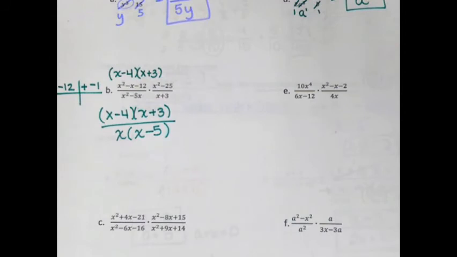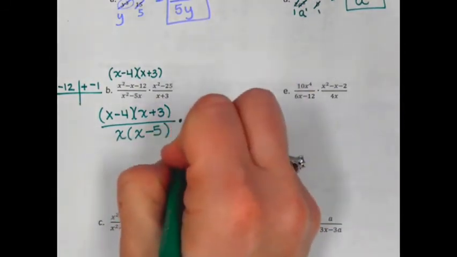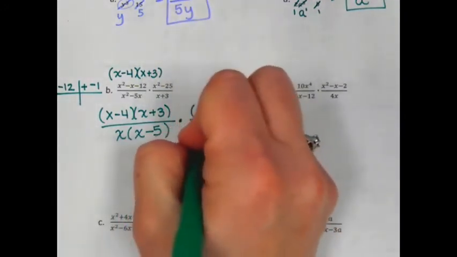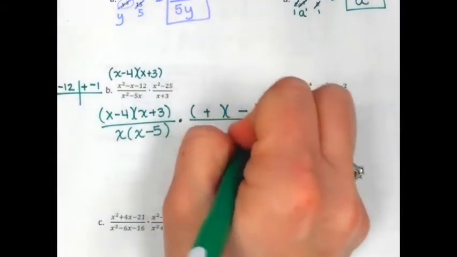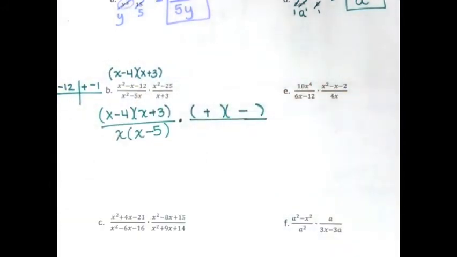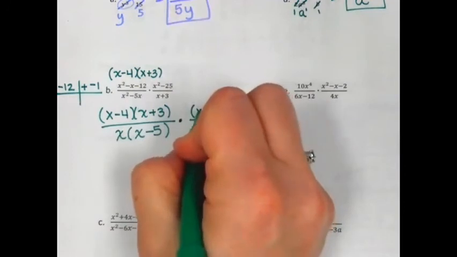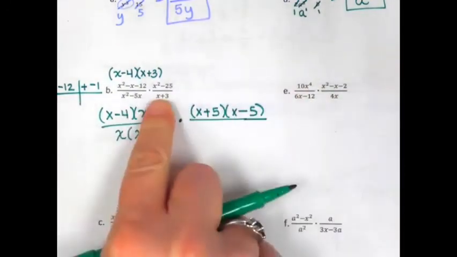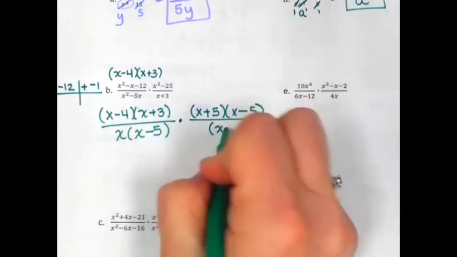No. All right, times x squared minus 25, isn't that a difference of two squares? Yes. So I can do 1 plus and 1 minus. Square root of x squared is x. And the square root of 25? And then x plus 3, I can't factor x plus 3, can I?